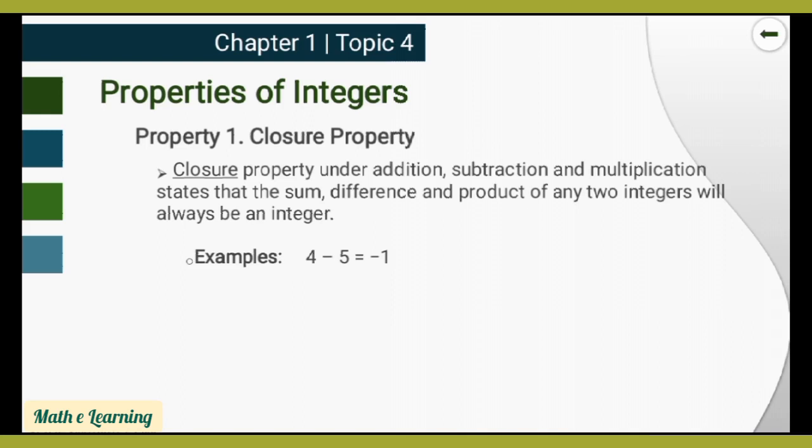And one example is given here. These 4 and 5 both are integers, and by doing subtraction we get -1, which is also an integer.